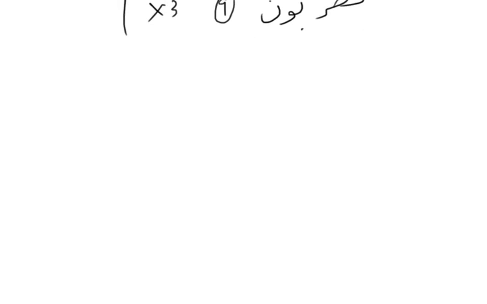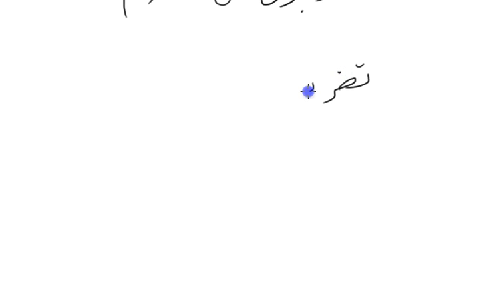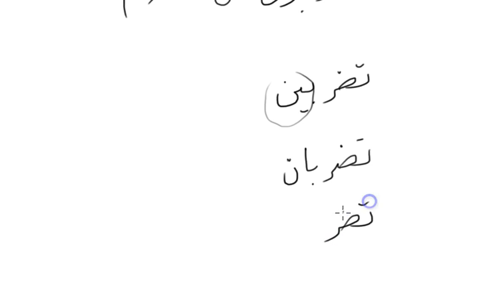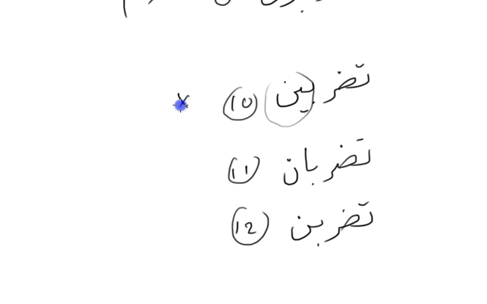And then for the feminine, it's tadribina. Remember, this is unique for this ina at the end. And then tadribani, you two women are hitting, and tadribna. So this is 10, 11, and 12. Each one of these is for 1, this is for dual, this is for 3, and all of these are feminine.